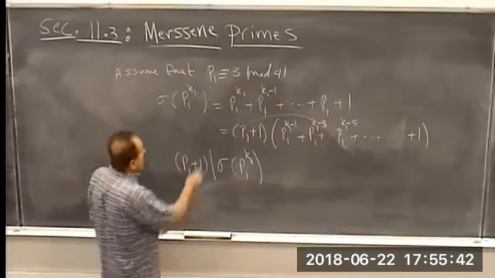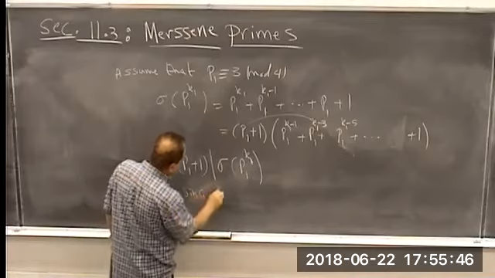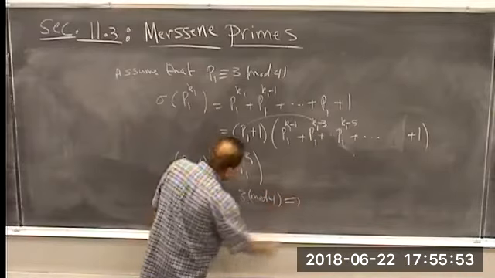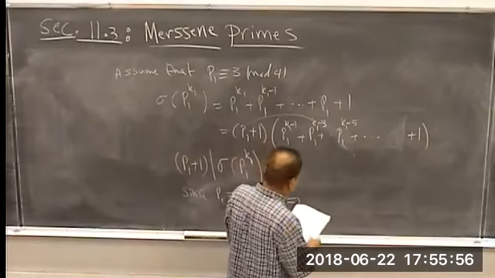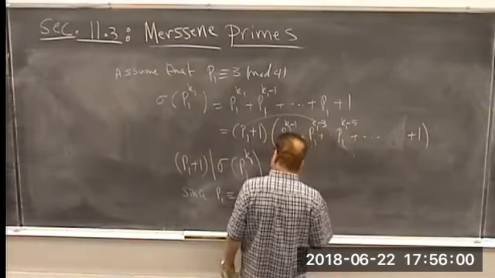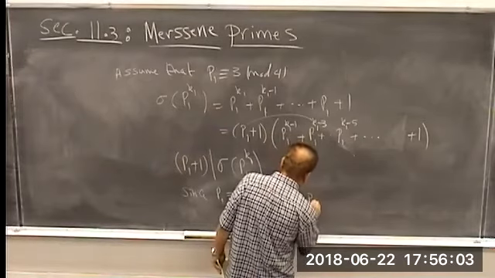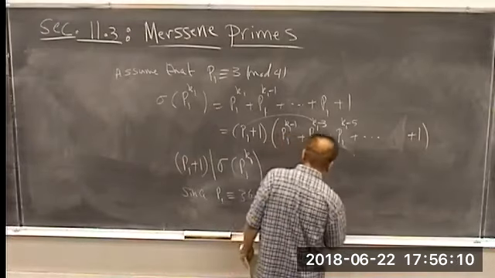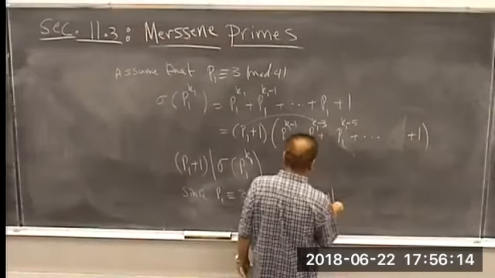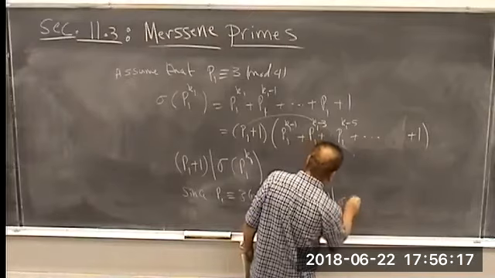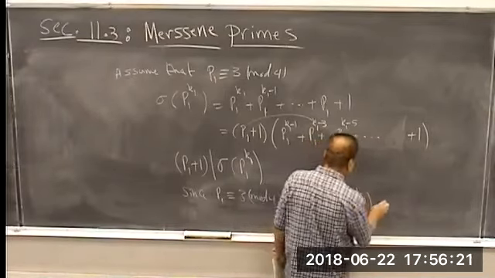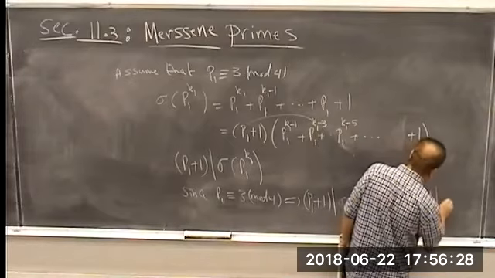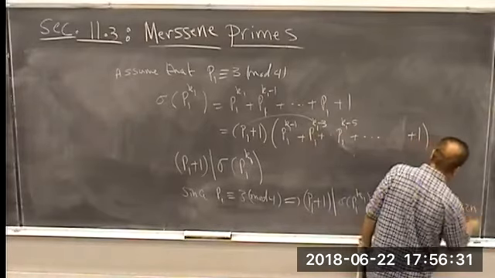But now, with our assumption, since P1 is congruent to 3 mod 4, this implies the following: that P1 plus 1 divides sigma of P1, K1, and this divides, of course, sigma of n, because it's a factor here, which is equal to 2n.